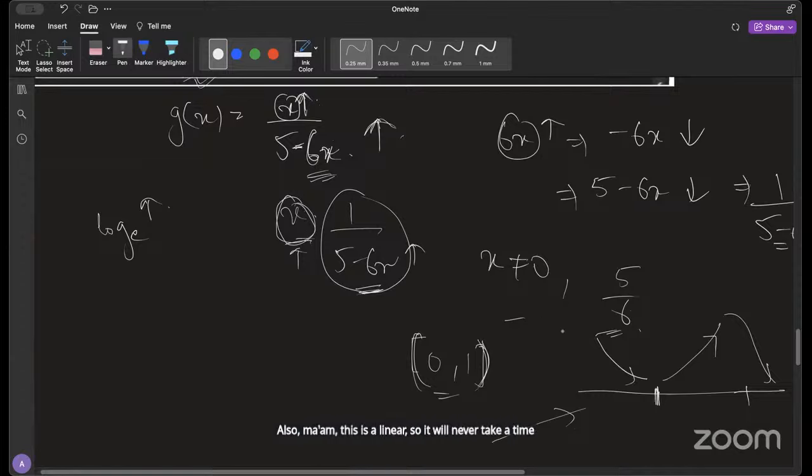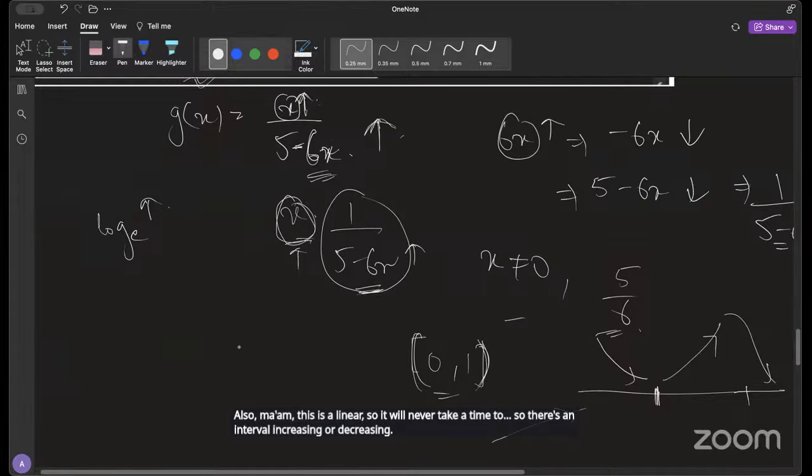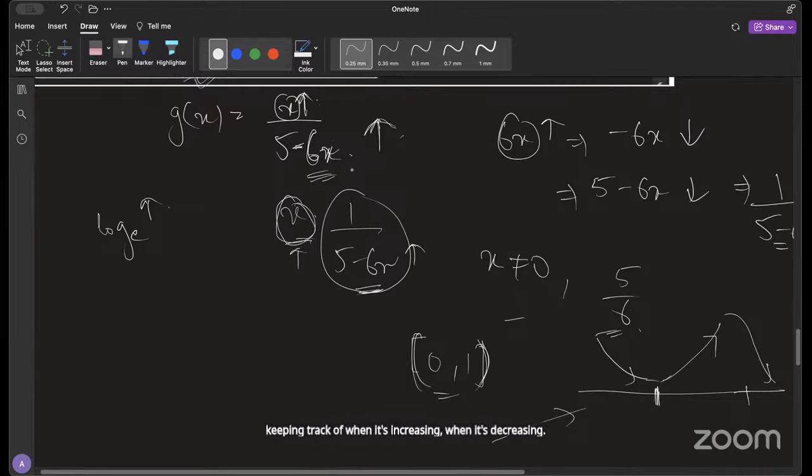Yeah, that's why in the quadratic one, we were keeping track of when it's increasing, when it's decreasing. But now we don't, because we know this entire thing is just increasing. So we don't need to be bothered about the domain here. But if you want to do it the proper way, you can use the domain. Ma'am, it's not going to change anything.